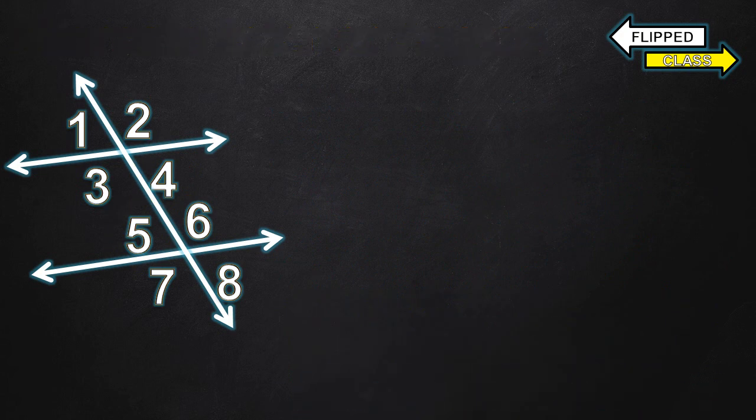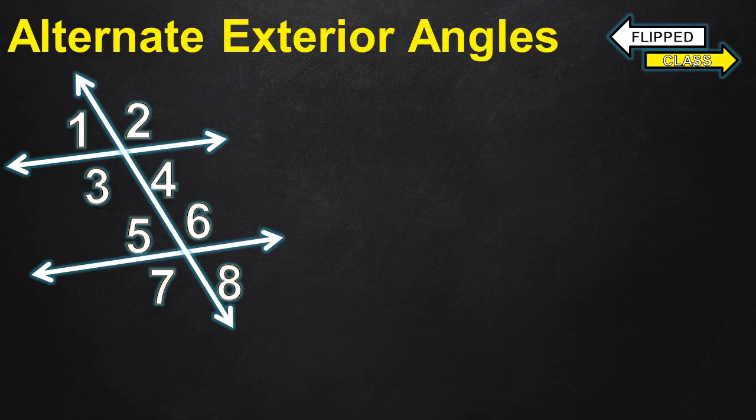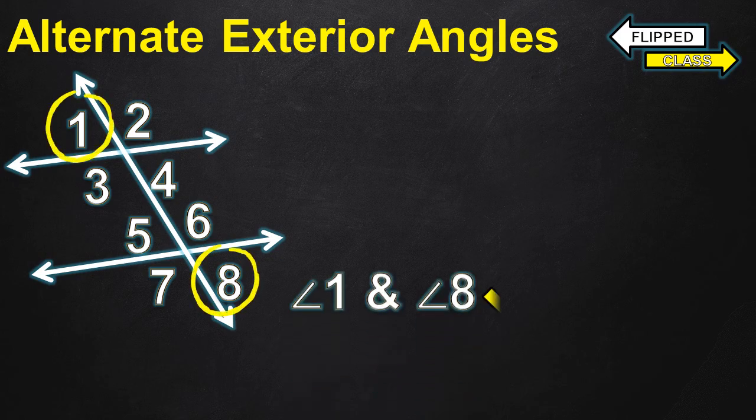The next pair of angles is named alternate exterior angles. We also have a pair here of alternate exterior angles, which are angle 1 and angle 8.